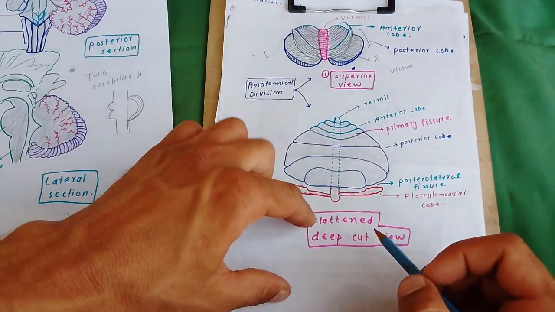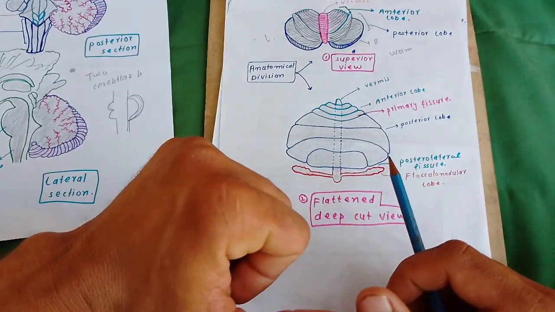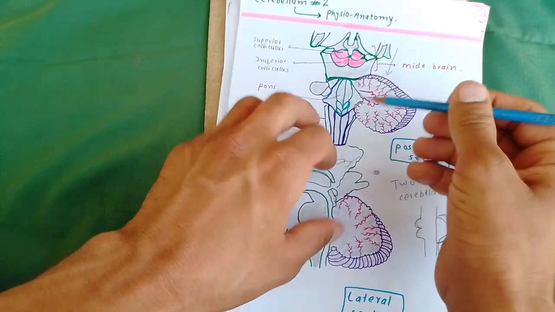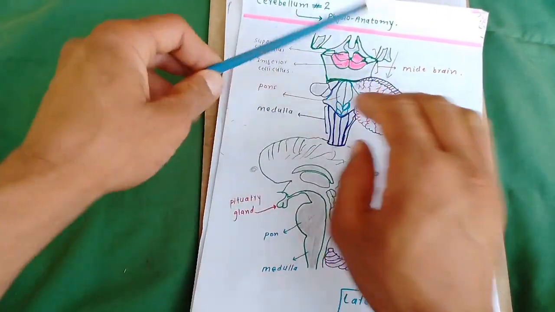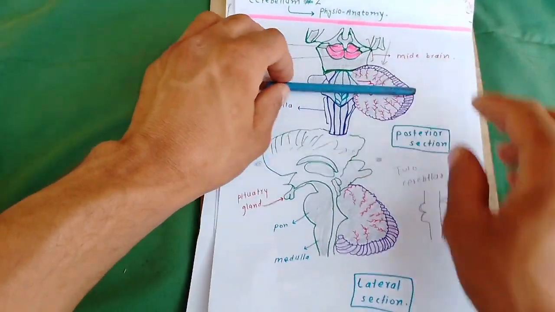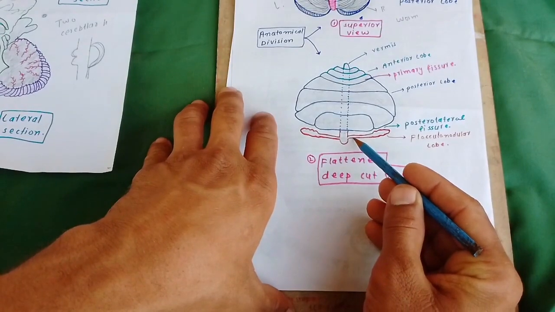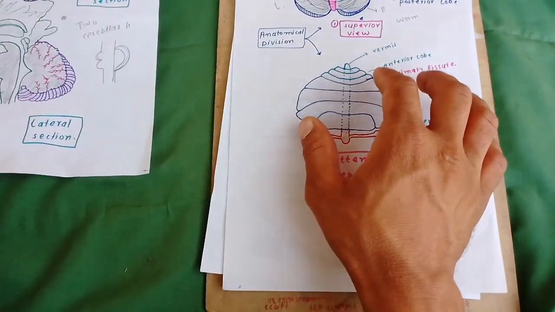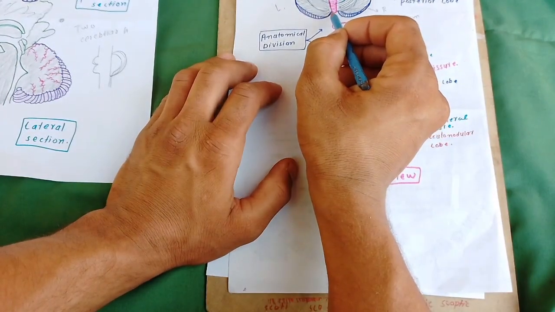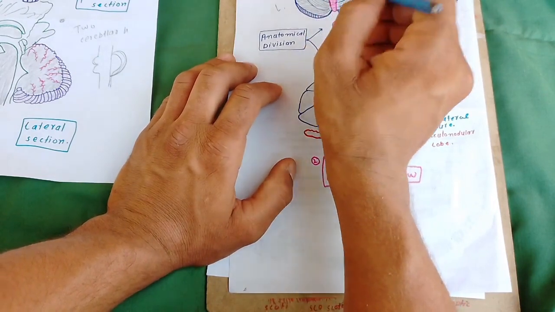Now the flocculonodular lobe. This is the small lobe, which is present here. The flocculonodular lobe passes from this point up to this point. The flocculonodular lobe is invisible in this view, as it is present toward the inside of the page, behind this structure.